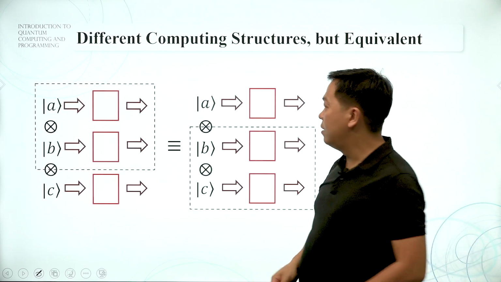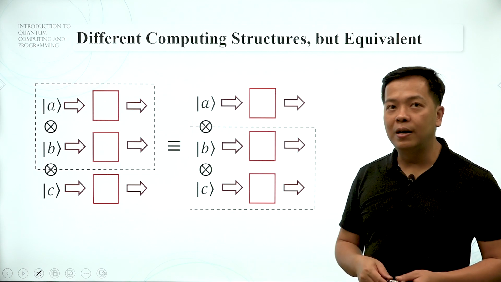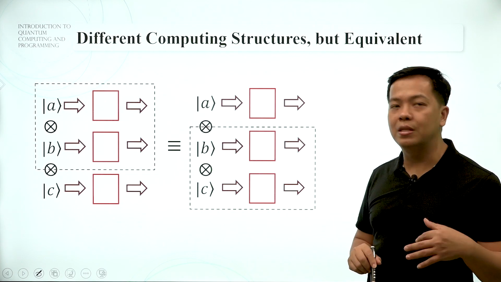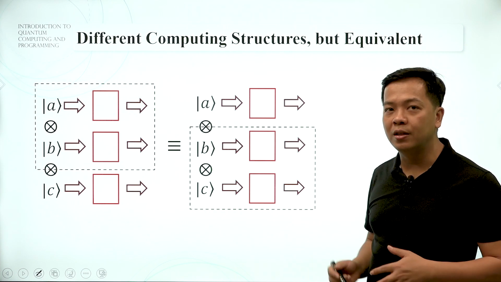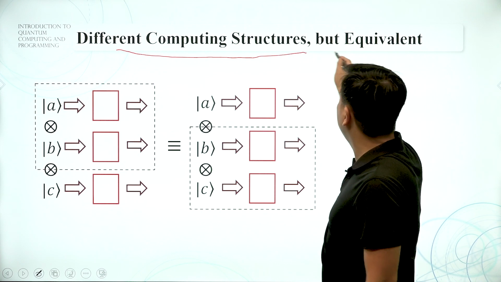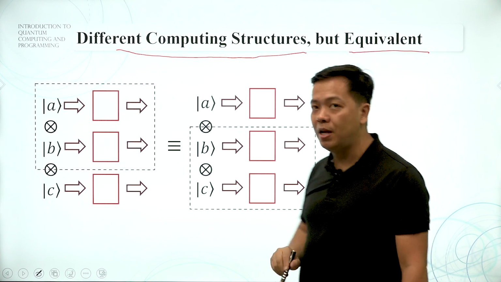And here is how we represent. Actually, this one of key point similar from previous, but this one is how to vision in the computing. Actually, different computing structure, but equivalent. What does it mean?